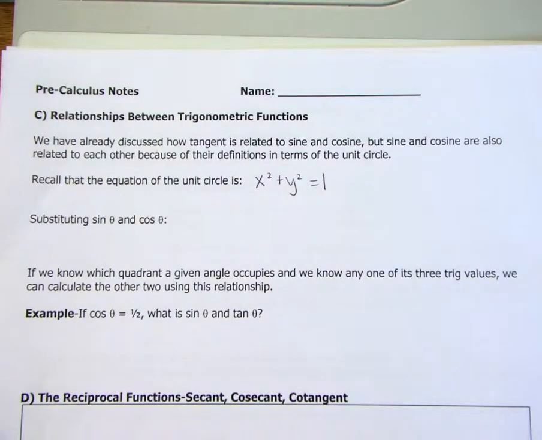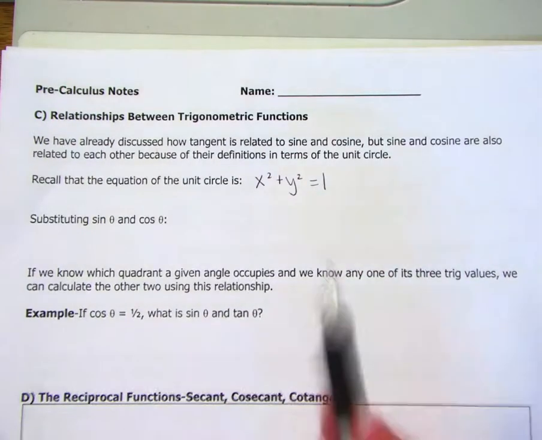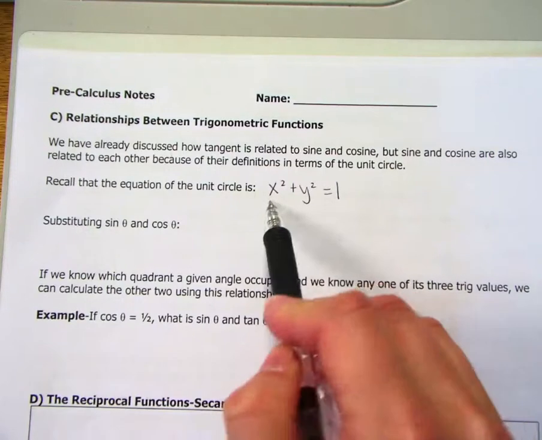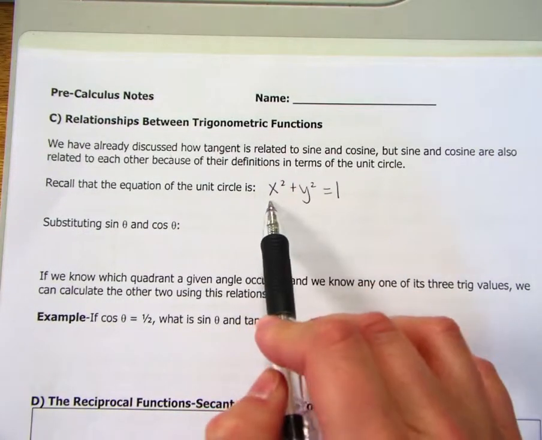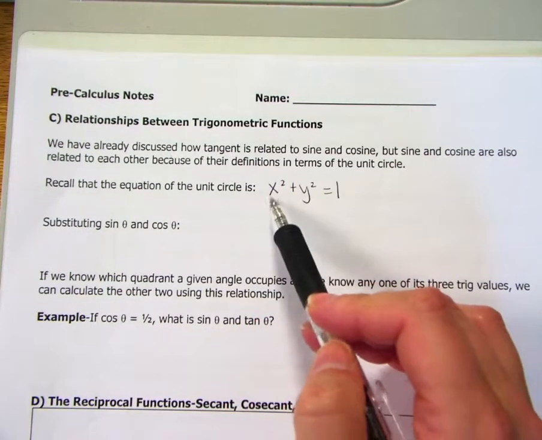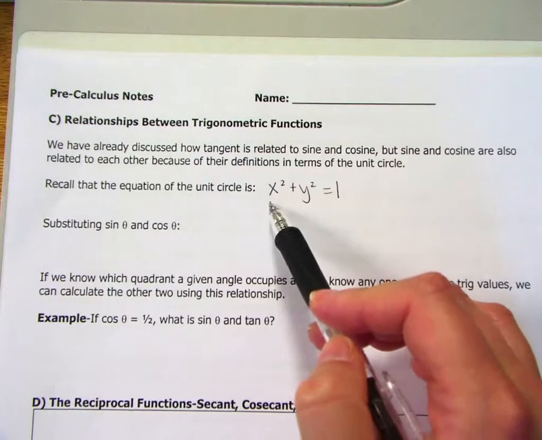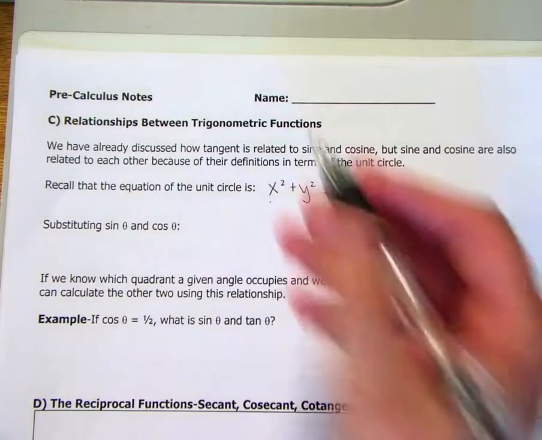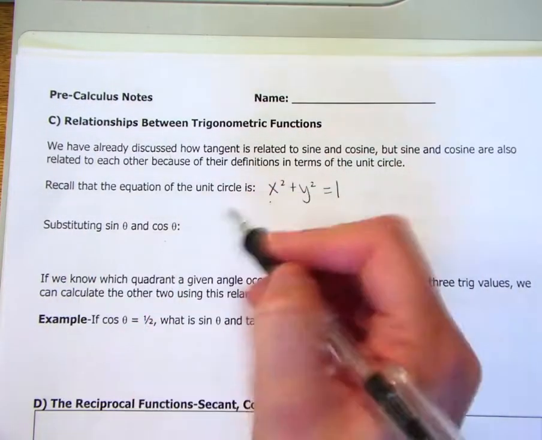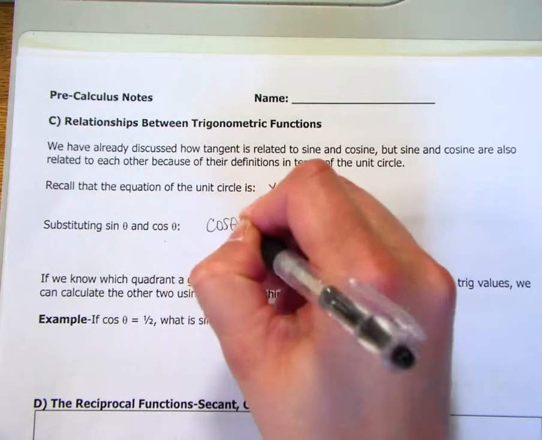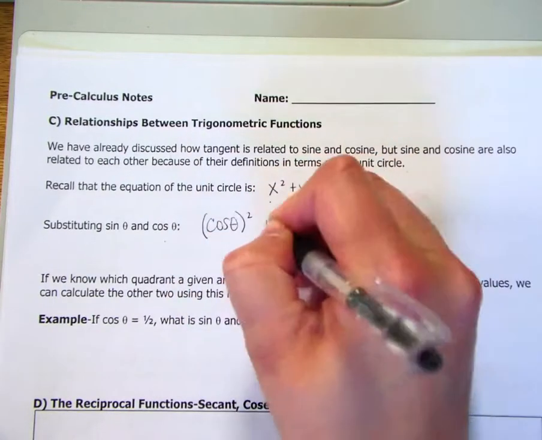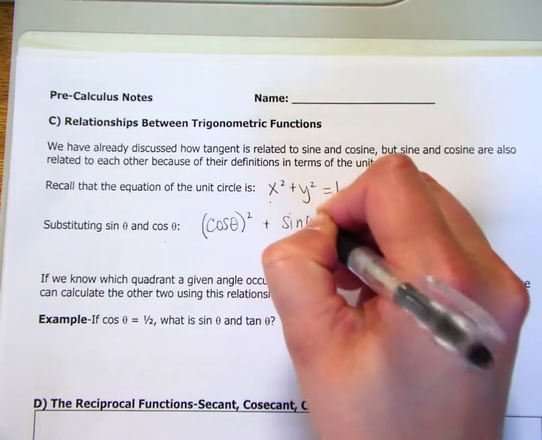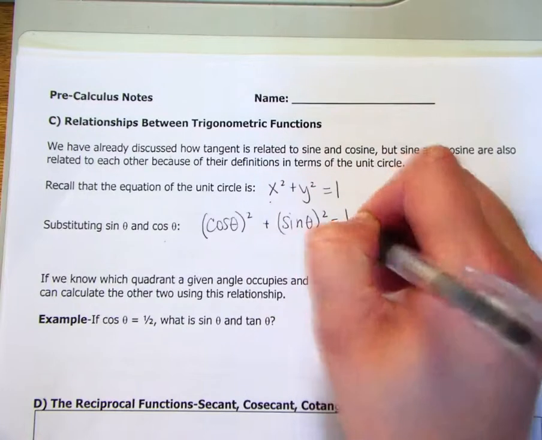That's just x squared plus y squared equals 1. But what have we, in terms of a trig function, defined x to be? Cosine. So I'm going to substitute cosine of theta in for x and sine of theta in for y.